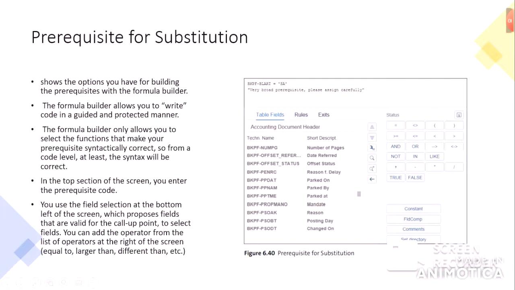So here we can see the options you have for building the prerequisite with the formula builder. The formula builder allows you to write code in a guided and protected manner. It only allows you to select the functions that make your prerequisite syntactically correct. So from a code level, at least the syntax will be correct.